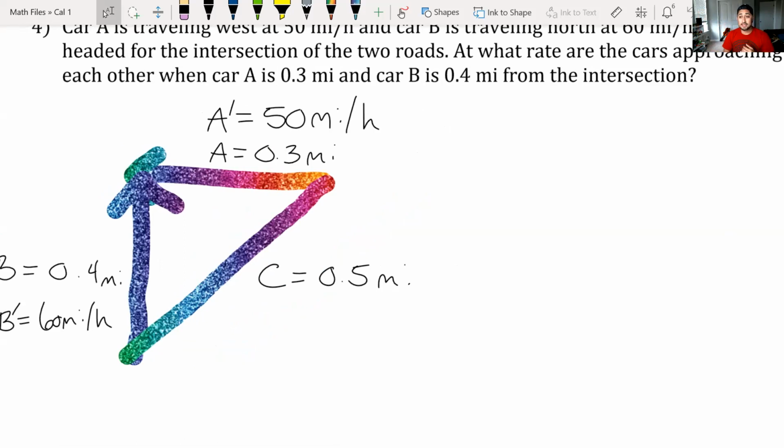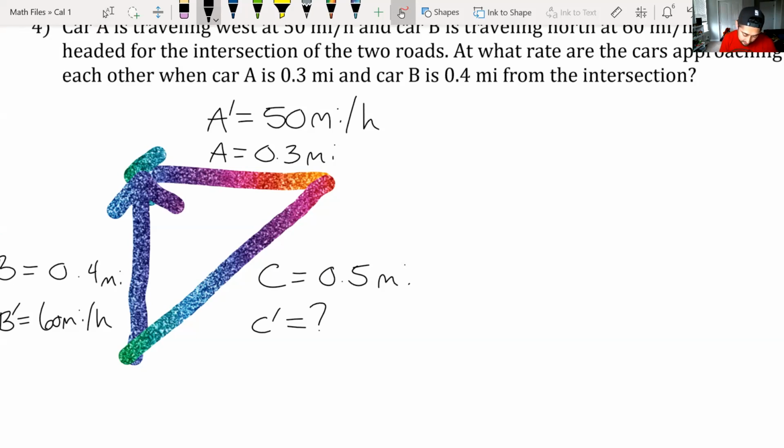If C represents the distance from car A to car B, which right now is 0.5 miles, then the rate of change in their distance is, guess what, C prime. Our job is to look for C prime, and since this is a right triangle, we can use Pythagorean theorem to solve for it.